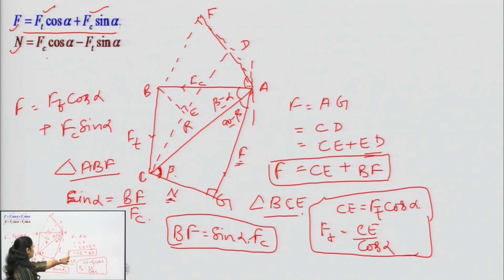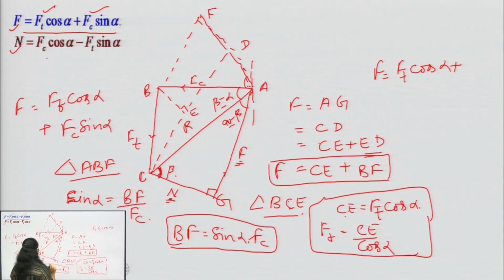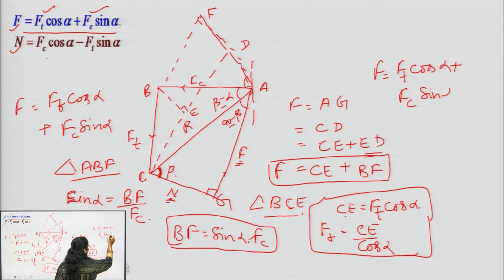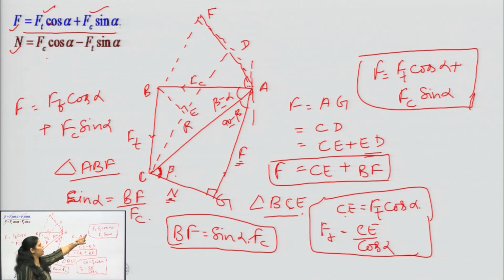Okay. So, F was Ce plus Bf, Ce's value we will take from here, so F will become Ft cos alpha plus Bf. Bf is Fc sin alpha. It is same as this equation. So, in this way we can derive any force from merchant circle.